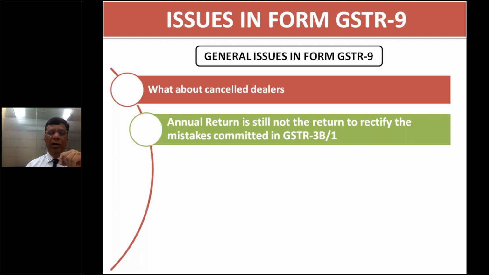Annual return is not a return to rectify the mistakes committed in GSTR 3B or 1. This is something which I would like to discuss in detail: whether all the mistakes committed while filing various returns in various forms like Form 3B or Form 1, whether this annual return is an option or a chance or a mechanism, or whether the intention of the lawmakers is to rectify your mistakes through this annual return.